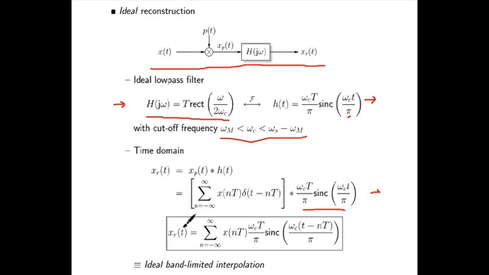After convolution, the expression will look like this. Here, omega c T upon pi has remained unchanged, similar to x of nT, and the sinc function has been convolved with the delta function, which resulted in this function.